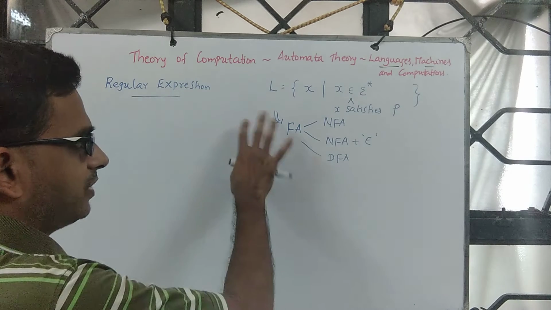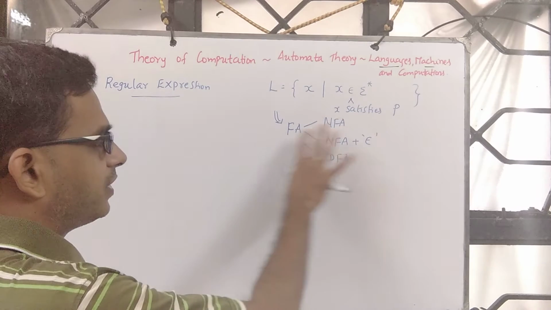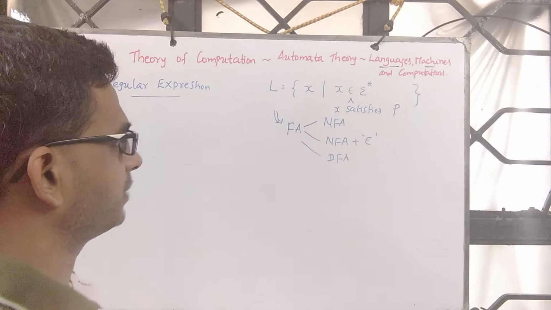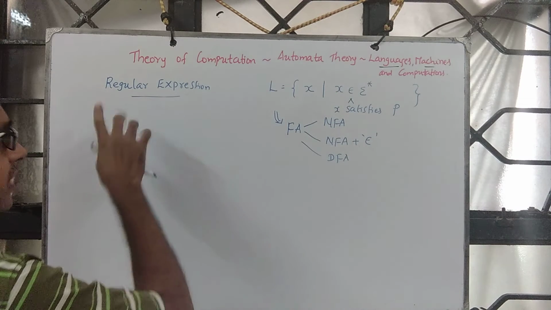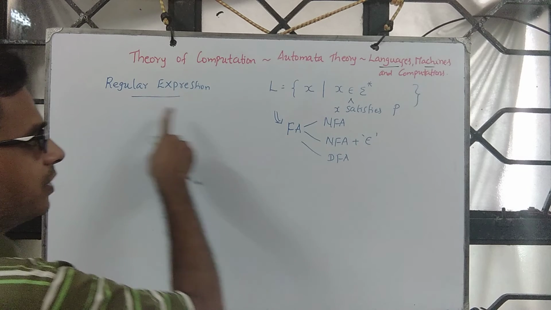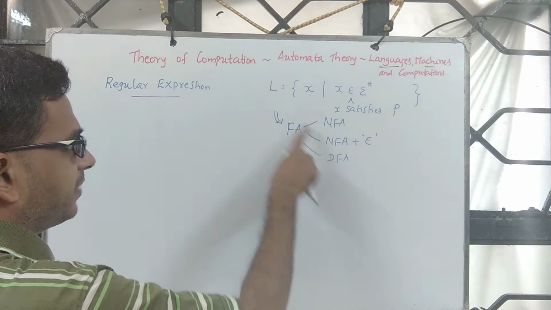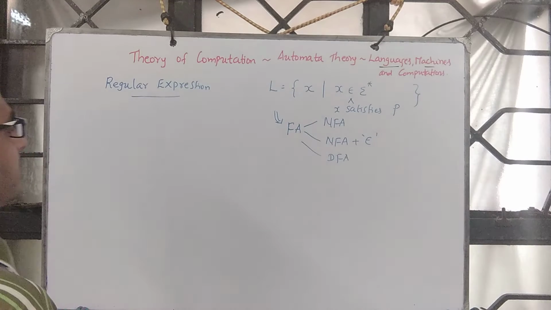But there are languages for which we may not be able to construct, but so far whatever examples we have seen, for all of them we were able to do this. Now, regular expression is like an algebraic expression using which one can express sets that are accepted by, or languages that are accepted by finite automaton.